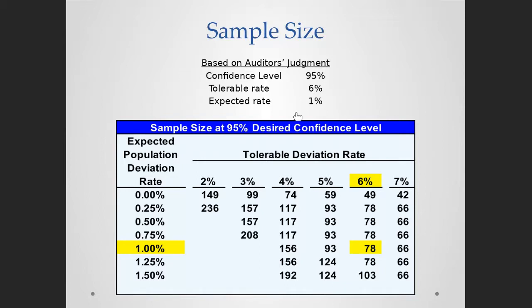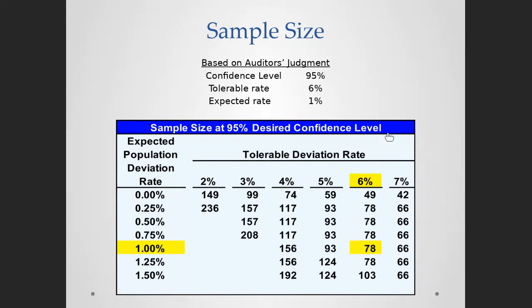Now, these numbers are based on the auditor's experience with the industry, with the client, knowledge of the financial statements from the previous year, etc. When you start working as an auditor, this is not something that you will be asked to do in your first engagement or your first year or two. You will learn how they come up with the confidence level, how they calculate or determine the tolerable rate, the expected rate.